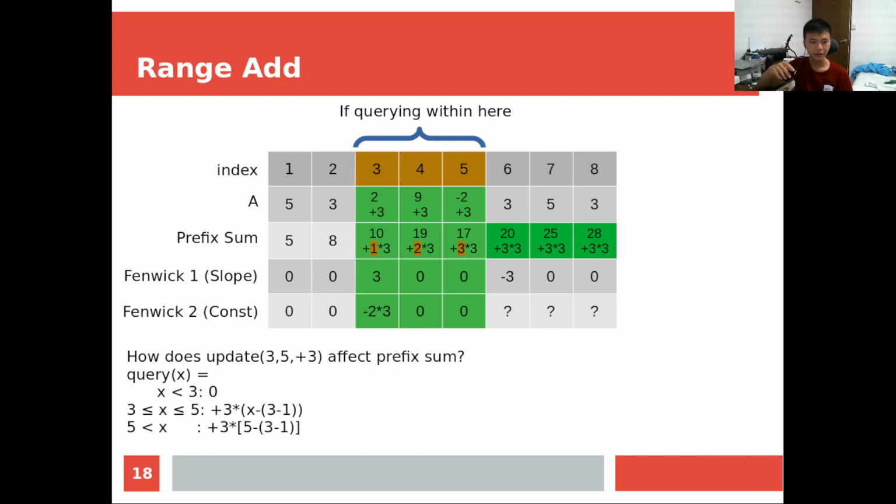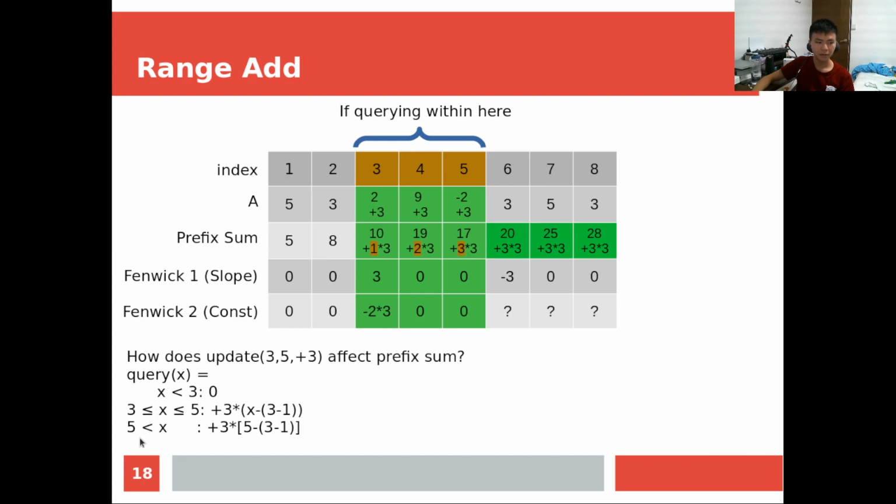For the prefix sum query at index x, if x is less than 3, if x is 1 or 2, then the query is not affected. The contribution is 0. If the query is between 3 and 5, the contribution is 3 times x minus 2.